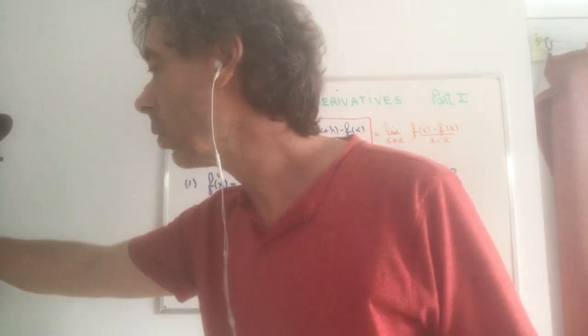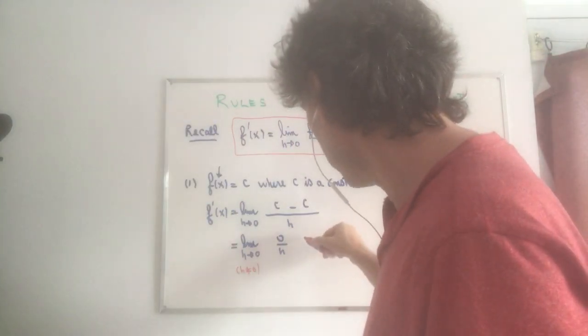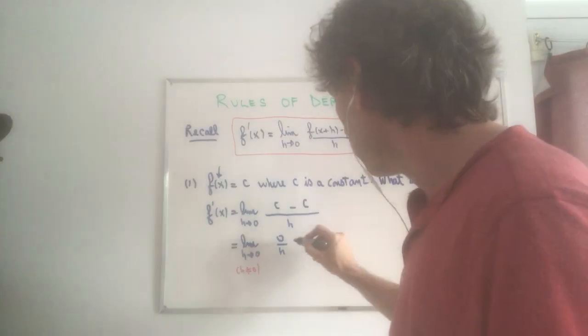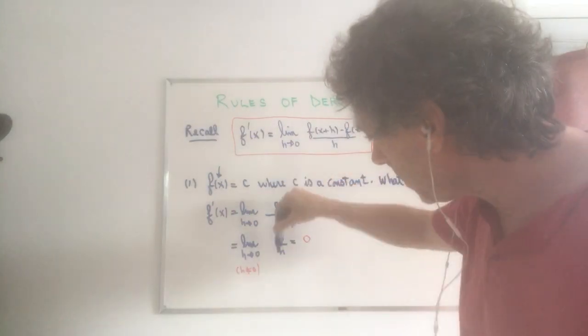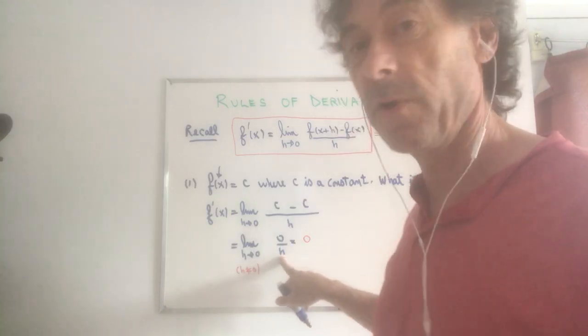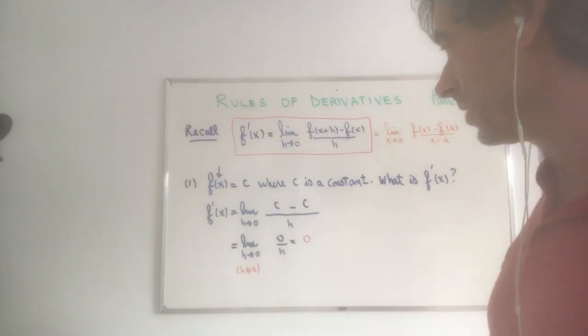So what I'm going to do here is make that equal to 0. Why? Because this is actually not 0 over 0. It's 0 over 0.1 or 0.01. And that, of course, is 0.